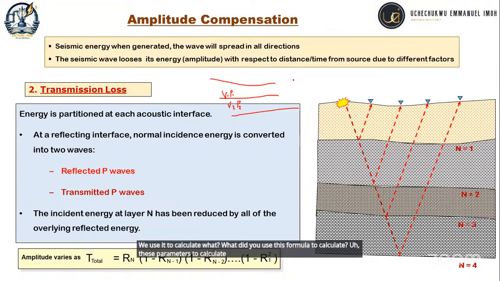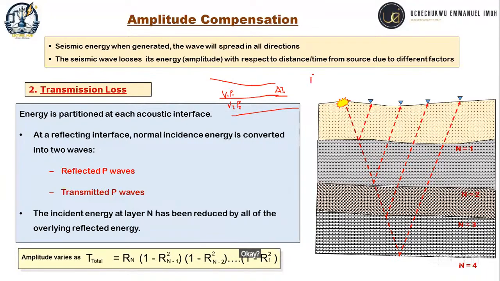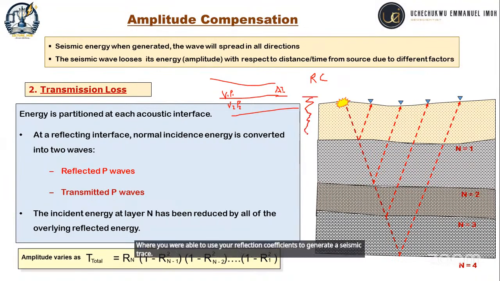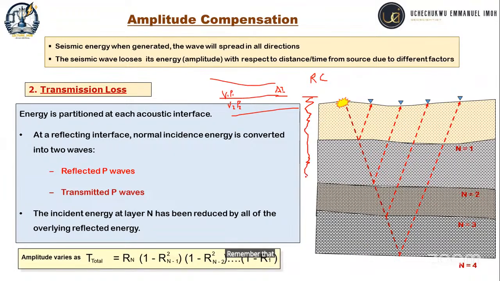Your density 1 and velocity 1 give you acoustic impedance, okay? And then we use it to calculate what? Reflection coefficients. Remember, where you were able to use your reflection coefficients to generate a seismic trace. Remember that small assignment we did sometime in the beginning of this class.